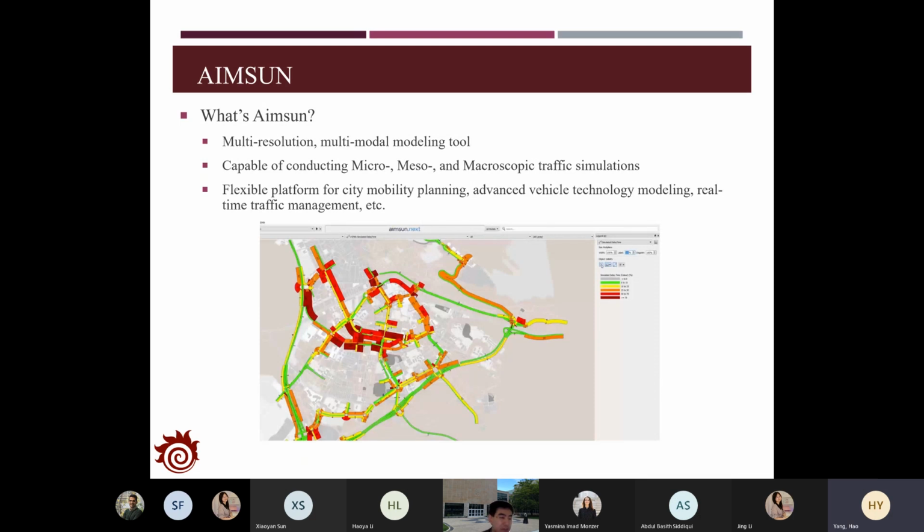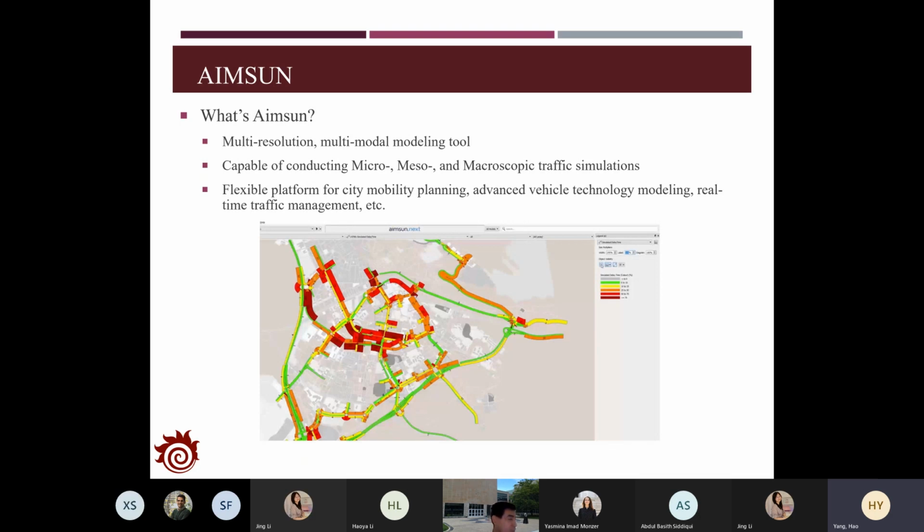And it offers some embedded features for you to develop the advanced vehicle technologies, connected vehicles, the CACC control, autonomous vehicles, and so on. But those would be some fundamental tools.